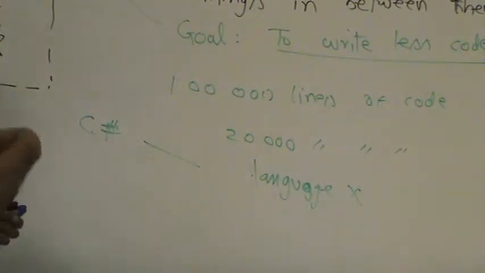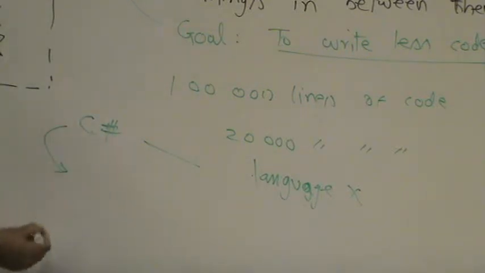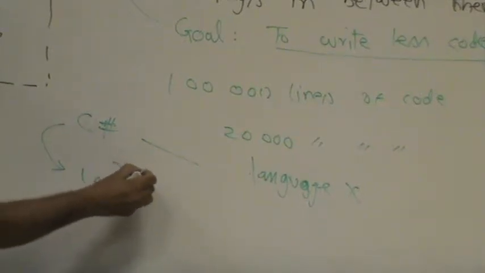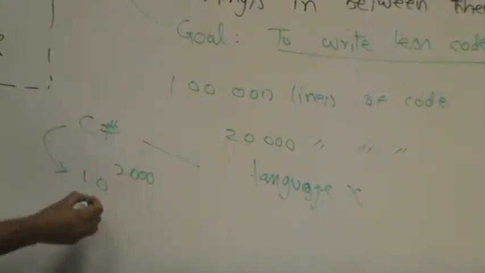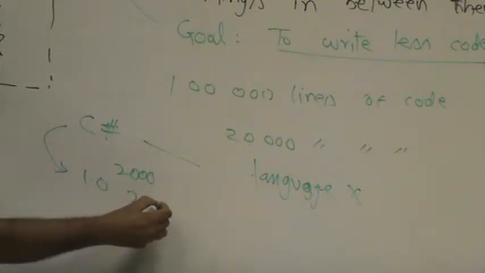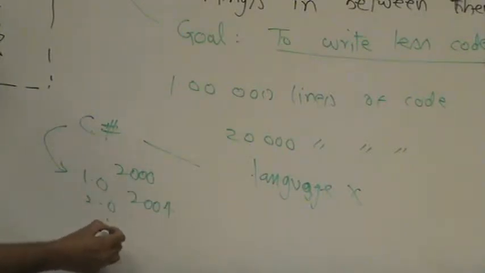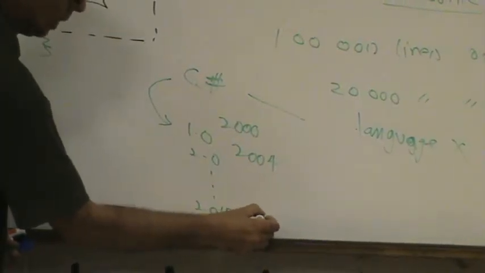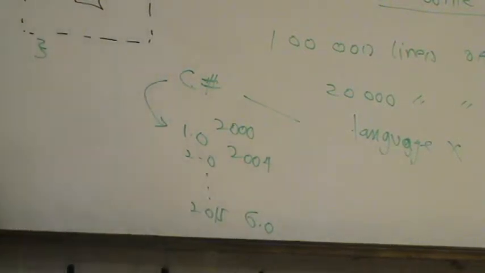Okay, so even in C#, for example, remember I said when it was introduced in 2000, the version of the language was 1.0, then 2004, 2.0, and so on. 2015, the version of the language, I forgot if it's 5.0 or 6.0, one of the two, right?